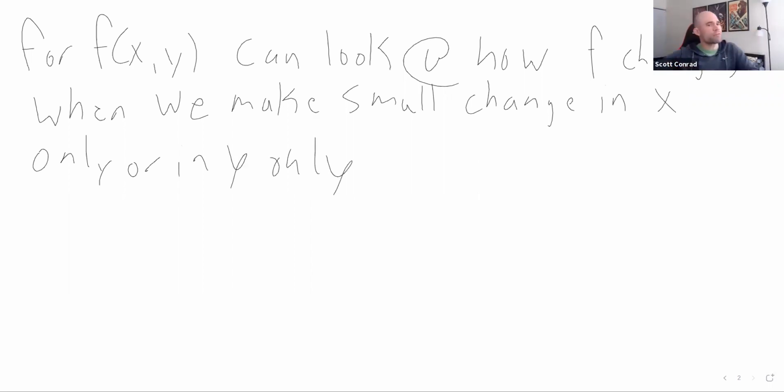So for instance, if we leave y fixed, but we change x by a little bit, how does our function change? Or if we leave x fixed and we change y by a little bit, how does our function change? And the two could be very, very different things. So that's the idea of the partial derivative.